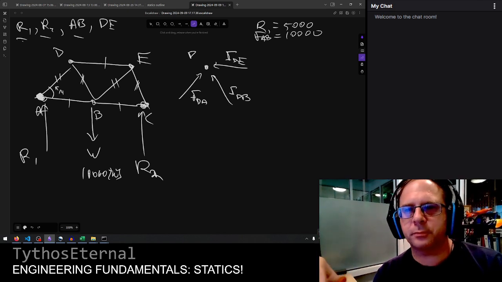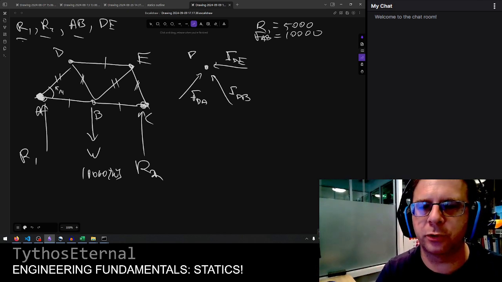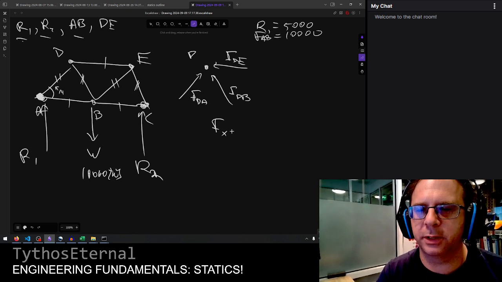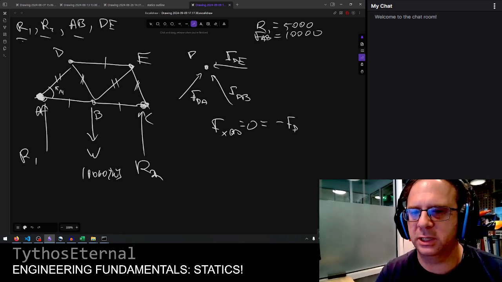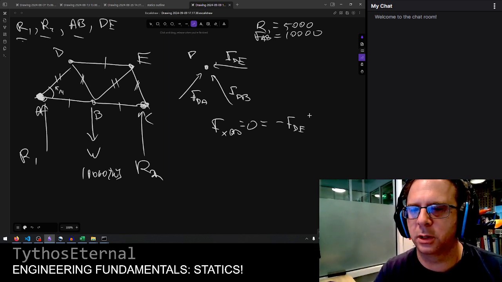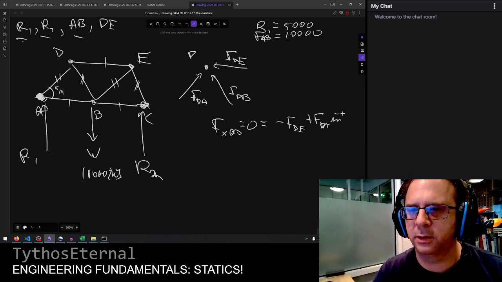So let's go ahead and sum those forces. F in the x direction at D is equal to 0. That's equal to minus FDE from our convention here, plus FDA sine pi over 4, minus FDB sine pi over 4.